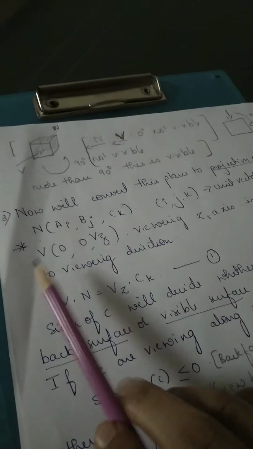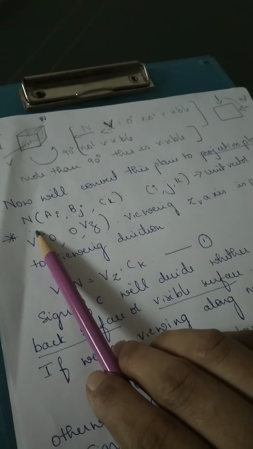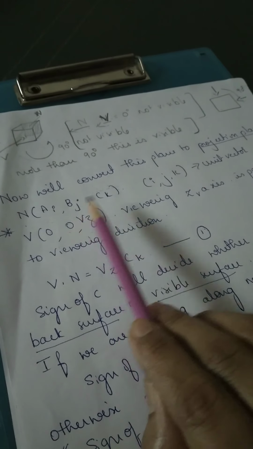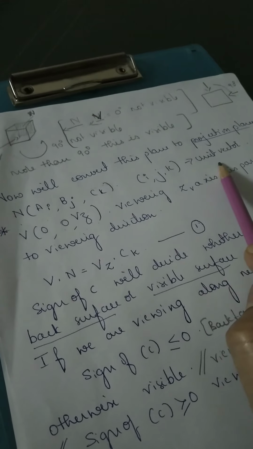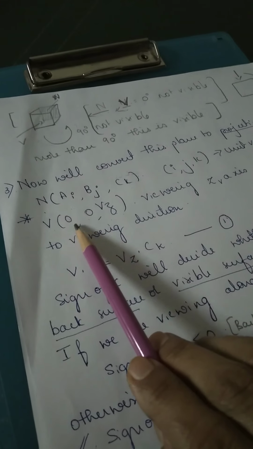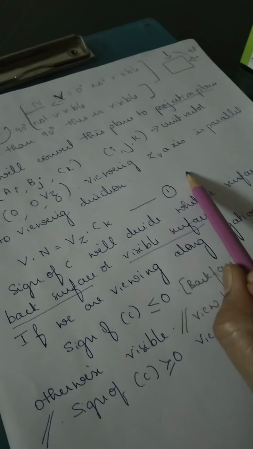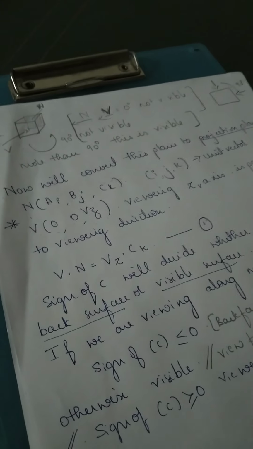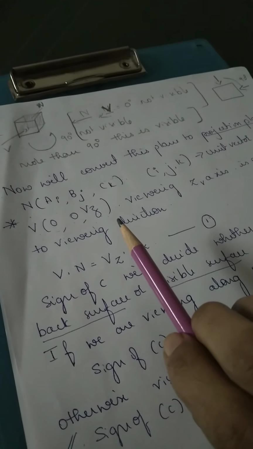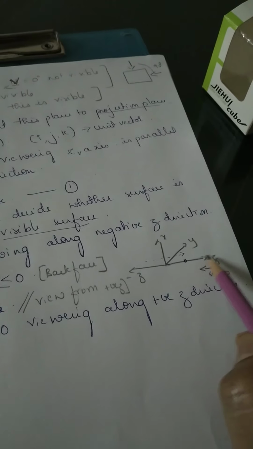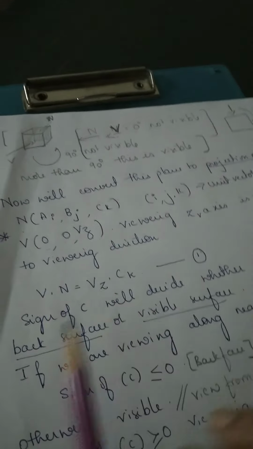I'll take the normal vector with A, B, C, where i, j, k are the unit vectors of the projection plane, and for the view, I'll take the view from the Z axis, which is parallel to the viewing direction.